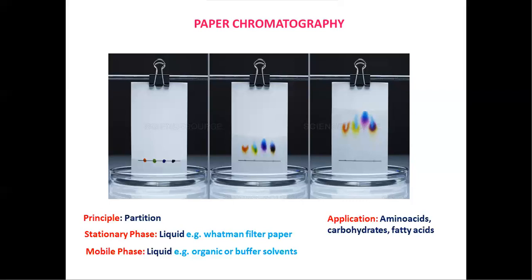But sometimes we cannot identify the spot on the paper. At that time we have to use specific chemical agents, or sometimes a UV chamber method and iodine chamber method. So we also use non-specific methods to detect or visualize a particular spot present on the stationary phase.